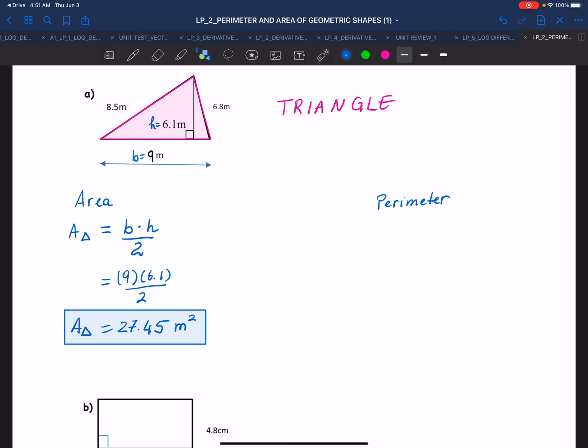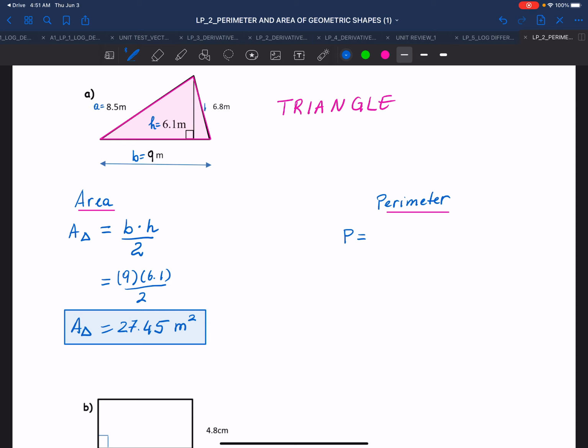So that's done. Now we are going to move on to the perimeter. For the perimeter, we're going to say that the perimeter of this triangle would be equal to the sum of the lengths of the sides of this triangle. Now, to communicate the solution better, I usually like to give a name to each side.